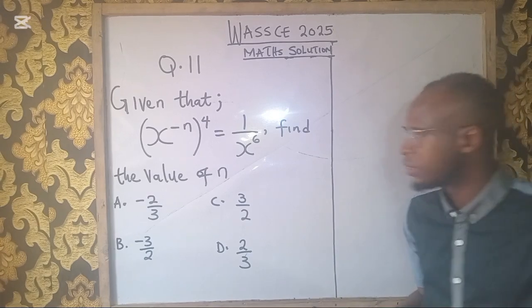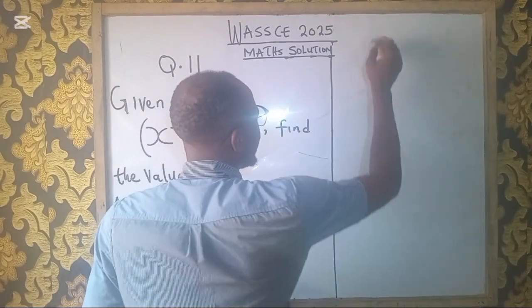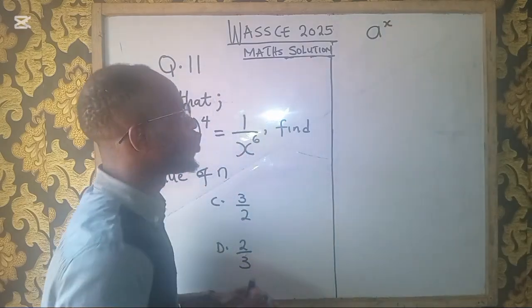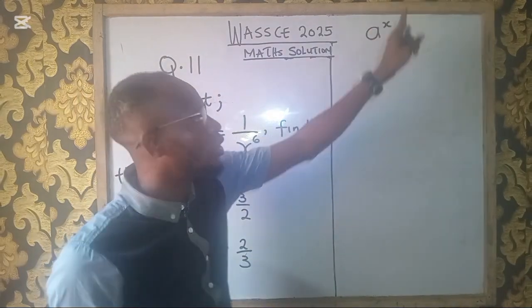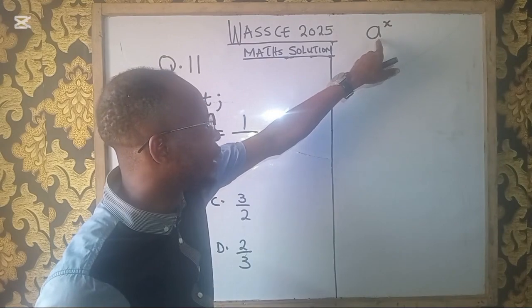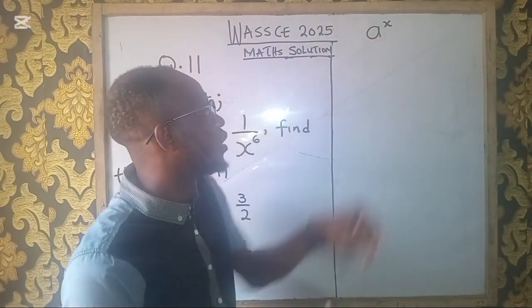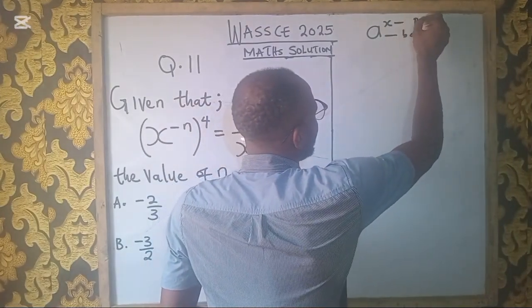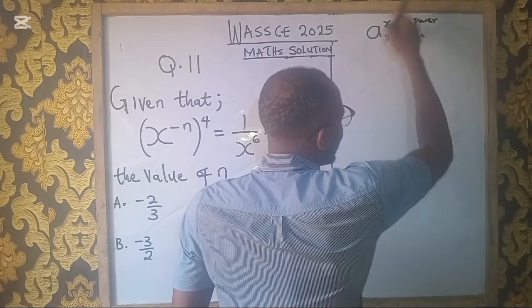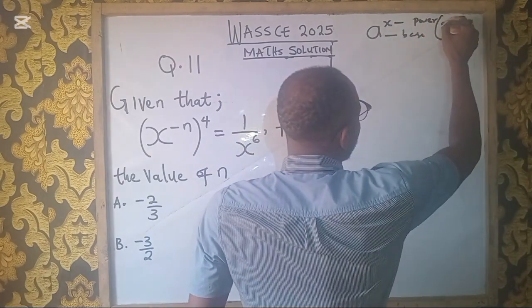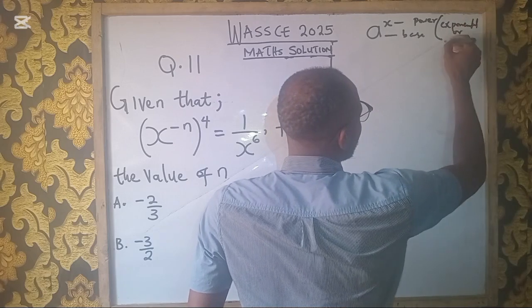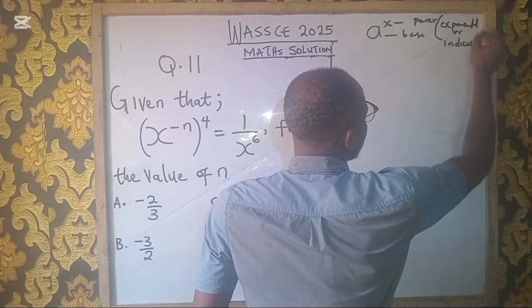Why do we say that? Whenever you have an expression like this, where something carries something up, this is called the base and this is called the power. Such an expression is said to be an exponential, or you simply call it indices.